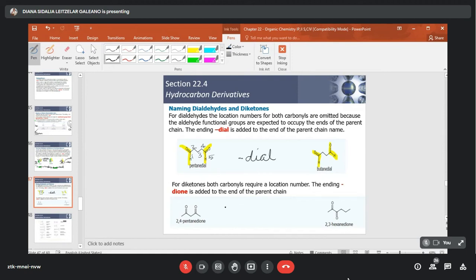Usually they don't place numbers because they are to be in the corners. So they have to be in the first and in the last carbon. That's why they usually do not place number.